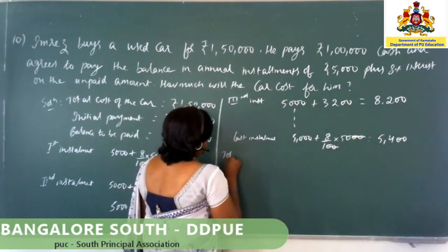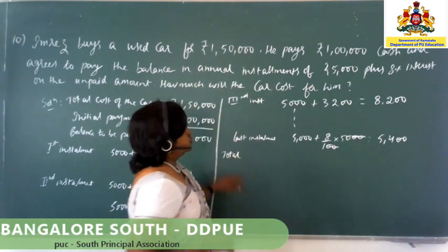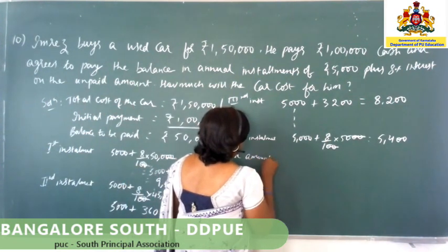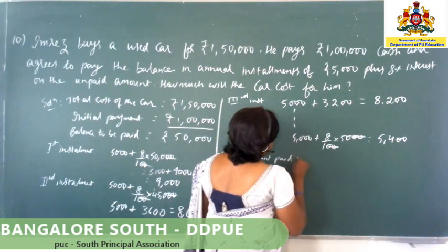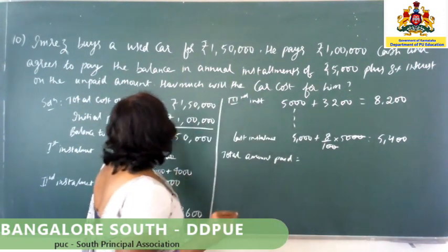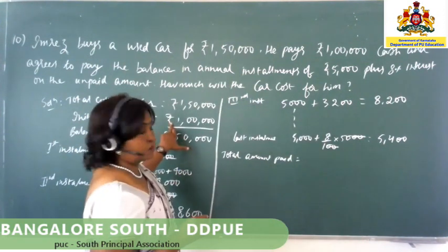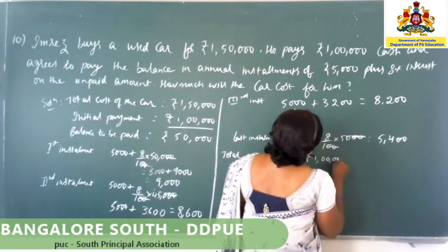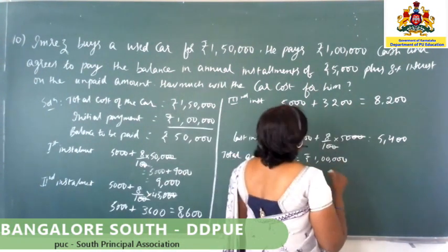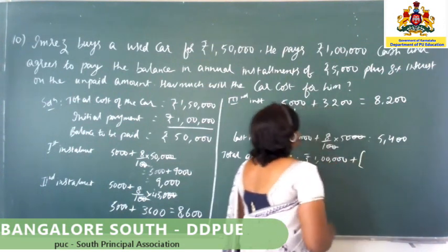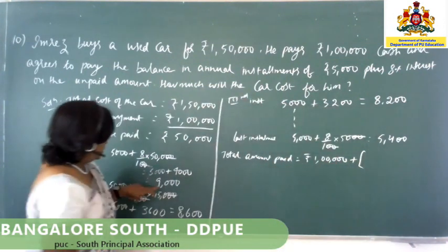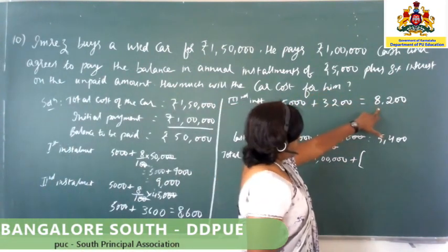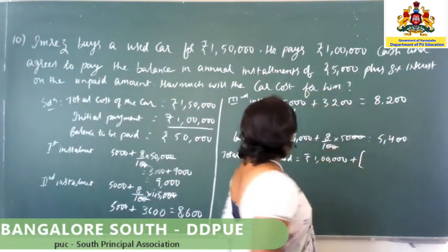So total amount paid is equal to the initial payment, rupees 1 lakh, plus the summation of all these: 9,000 plus 8,600 plus 8,200 and so on up to 5,400.